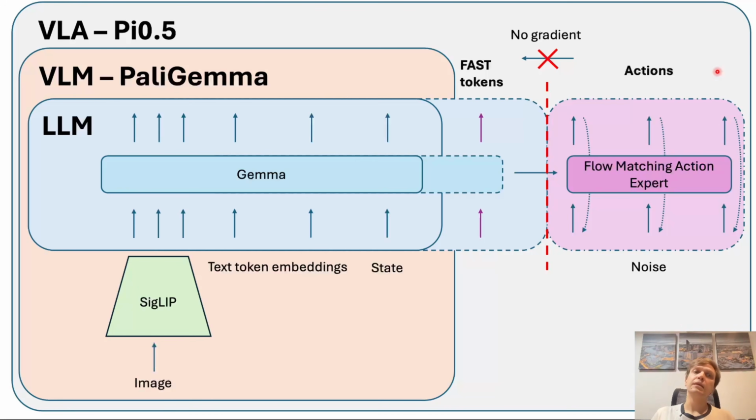So for example, in this case, what we could do alternatively, we could first train only using fast tokens, similar to how Pi0 is trained with fast tokens. And then we can add the action expert and completely freeze the VLM and train for a while the action expert part only.